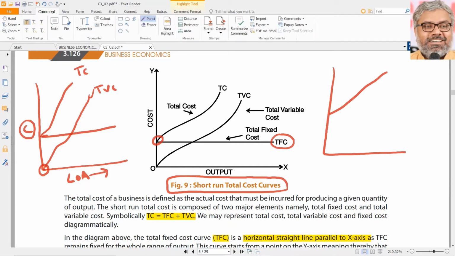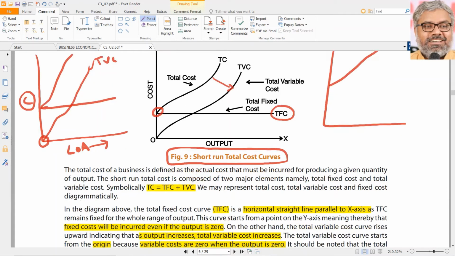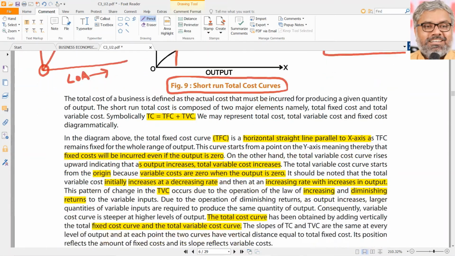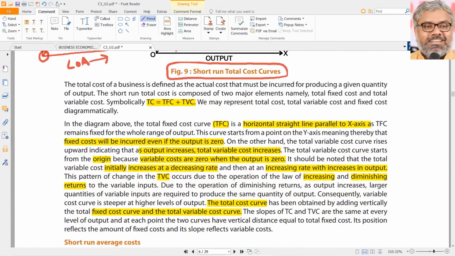So the distance between the total cost and the total variable cost is indicating the variable component of the total cost. The distance between x-axis and this is indicating the fixed component of the total cost, because total cost starts from here. So where is it starting? At fixed cost it is starting. Right?